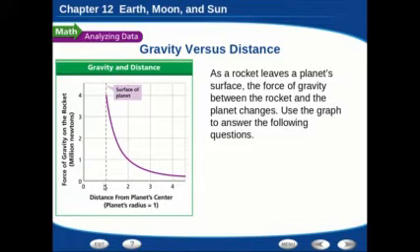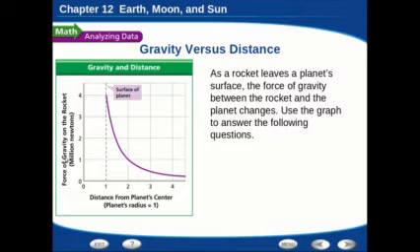As it makes that trip from the surface to a height that's equal to the distance from the center of the planet to the surface, then it will be experiencing a lot less force of gravity.